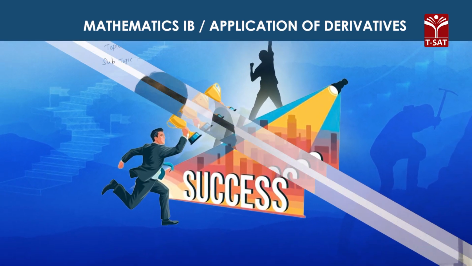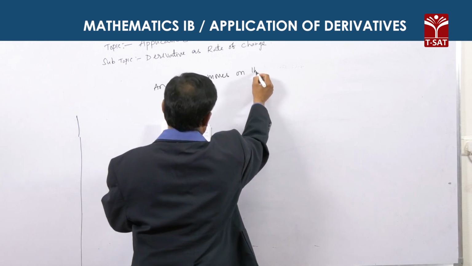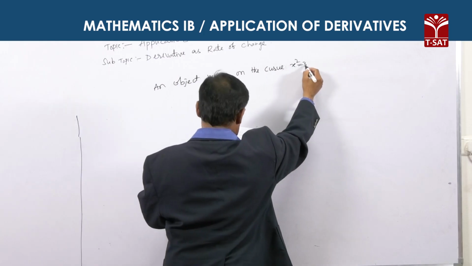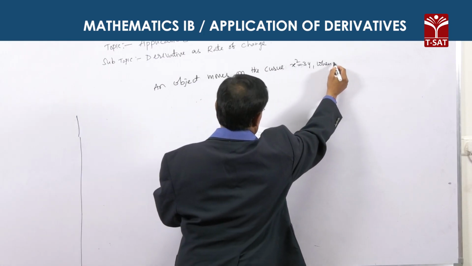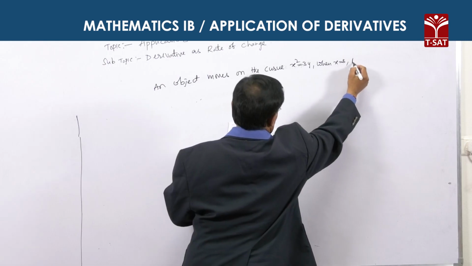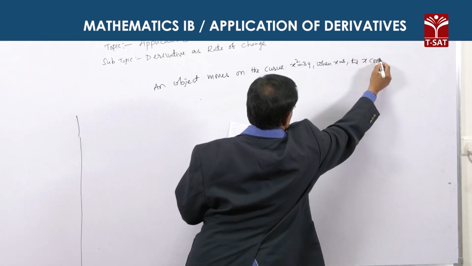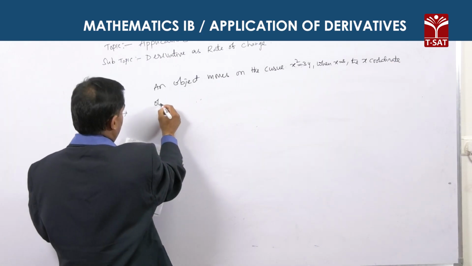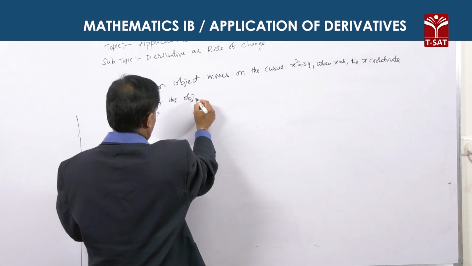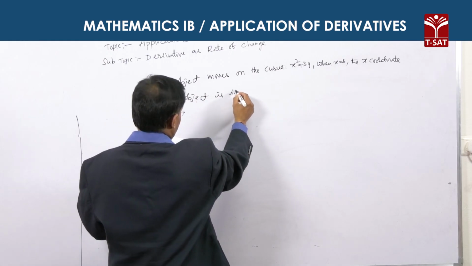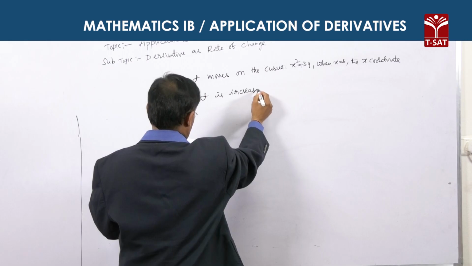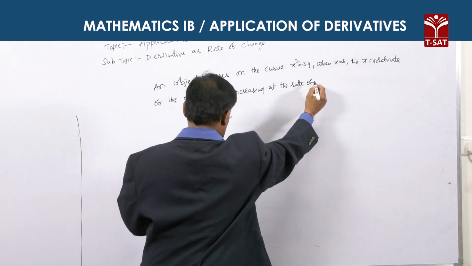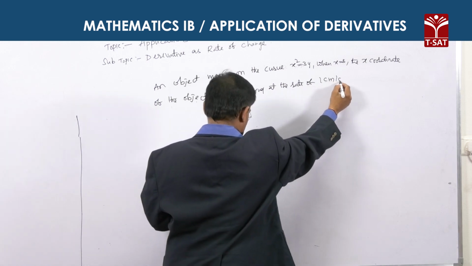An object moves on the curve x square is equal to 3y. When x is equal to 3, the x coordinate of the object is increasing at the rate of 1 centimeter per second.